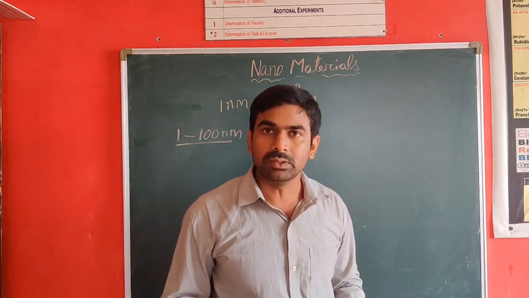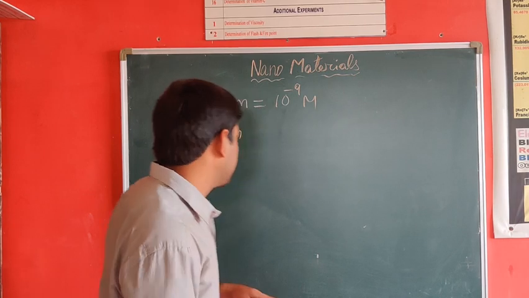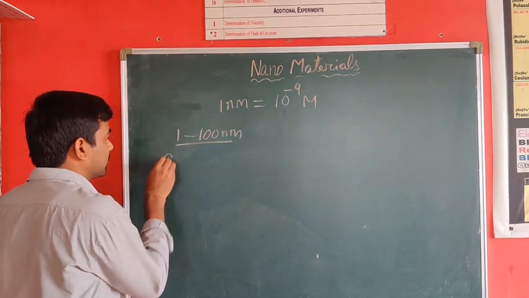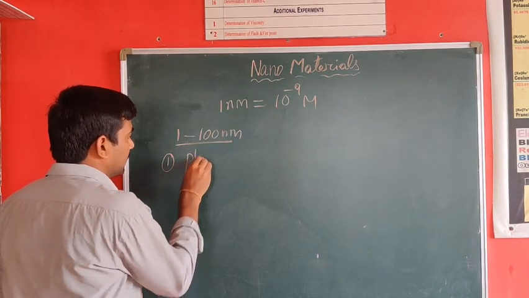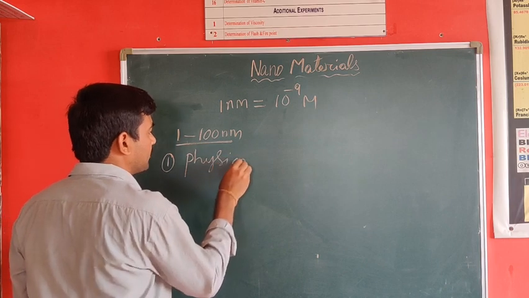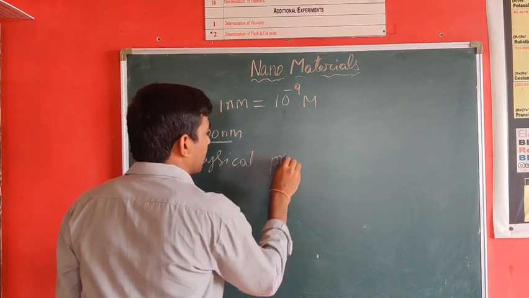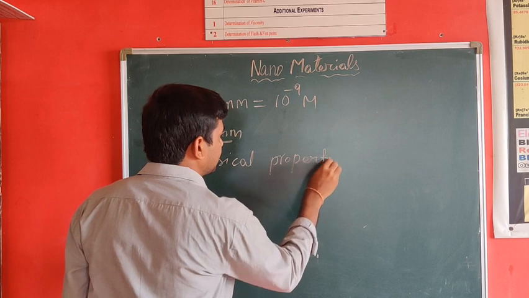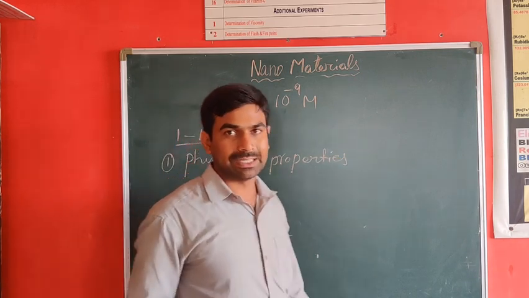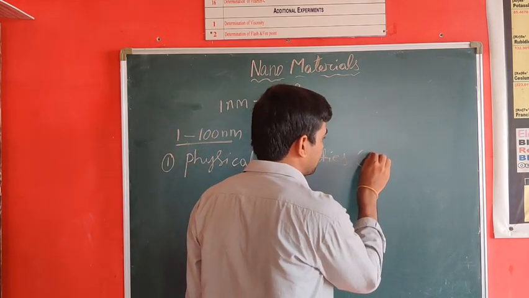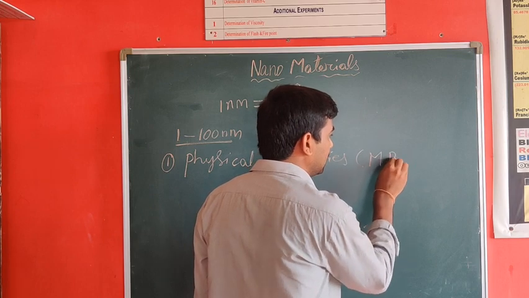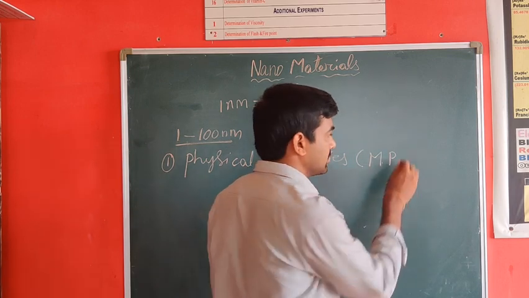Some of the properties are discussed below. The first one is physical properties, for example melting point and hardness.